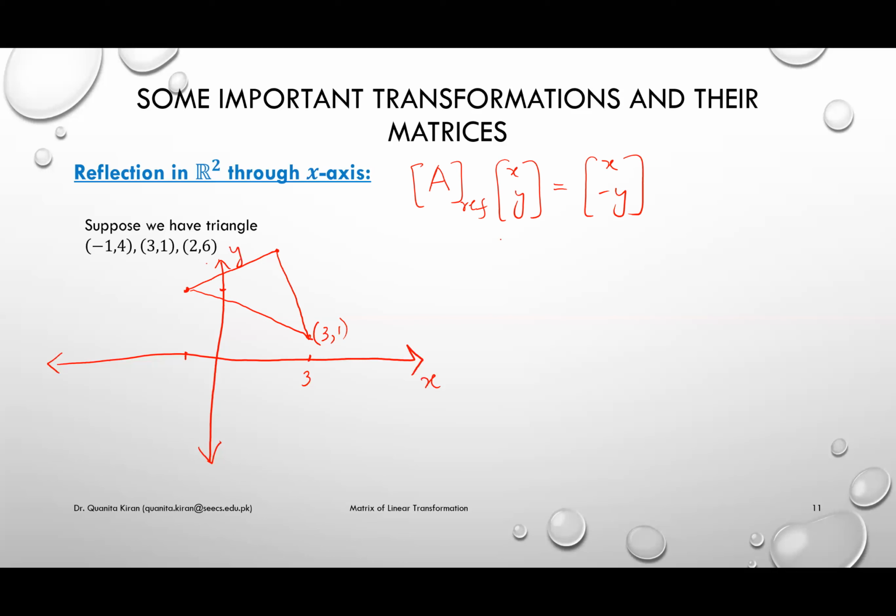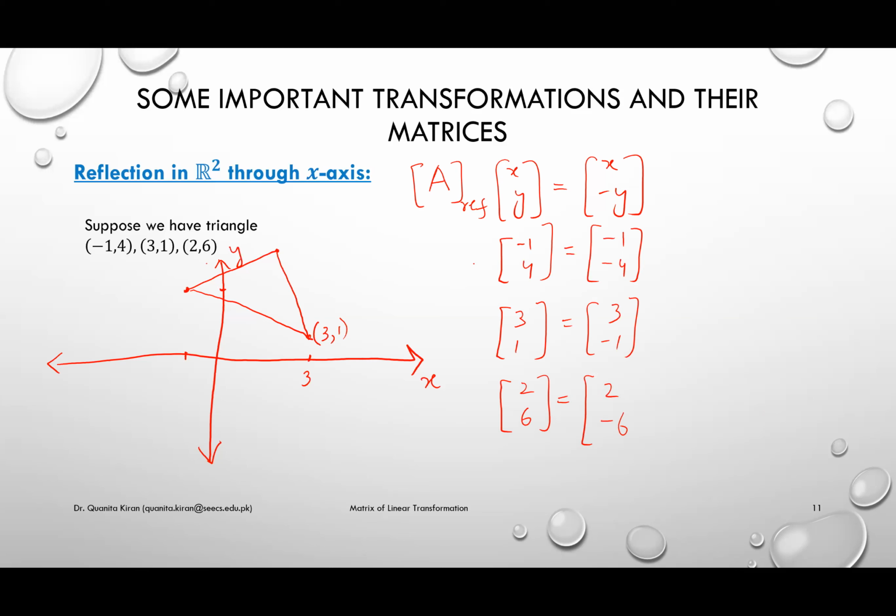So this matrix, when applied on (-1, 4), gives us (-1, -4). When applied on (3, 1), it gives us (3, -1). And when applied on (2, 6), this gives us (2, -6). Of course, we are applying A here. So these are the reflected vectors.